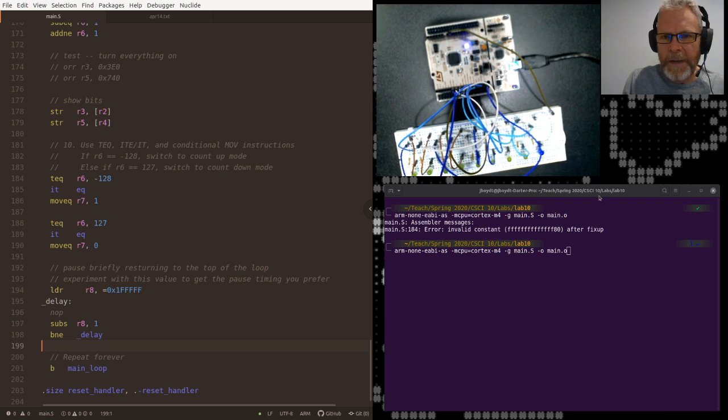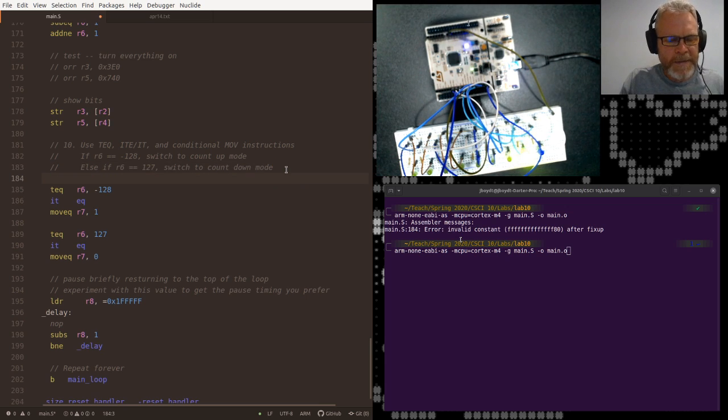Okay, so it's complaining about line 184. So when that happens, you get some kind of error about a fix-up and constants and stuff. Sometimes, and this is what we're going to try, sometimes that's simply a matter of putting a register in between the value and the test.